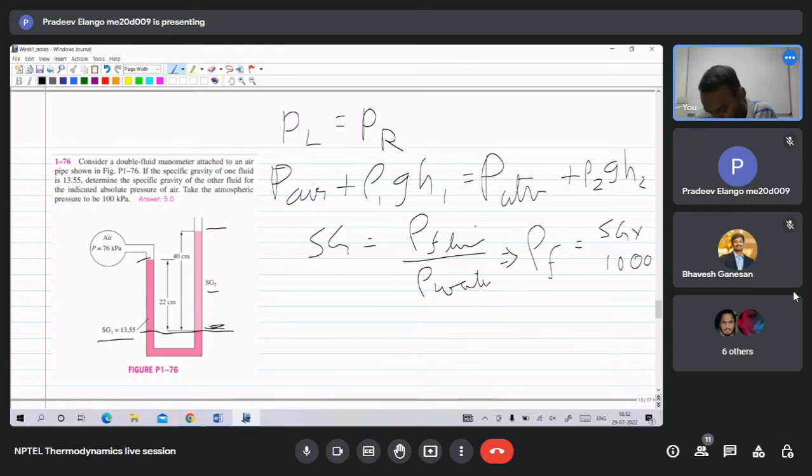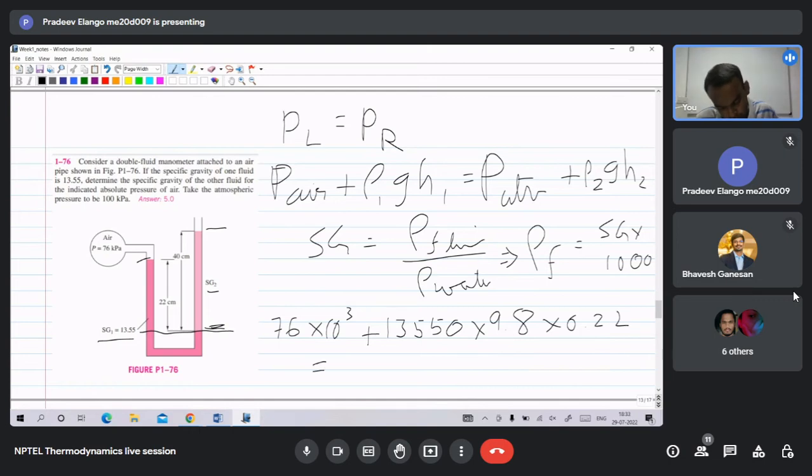So P air is 76 into 10 power 3 pascals plus rho 1, which is 13.55 into 1000, so that becomes 13,550, and g is not given, so we can take 9.8, and h is given to be 22 centimeters, which is 0.22 meters.